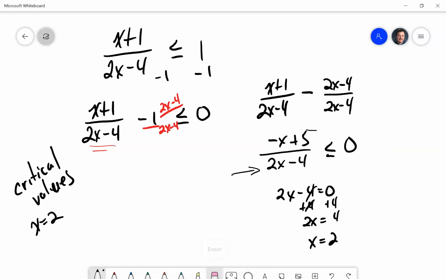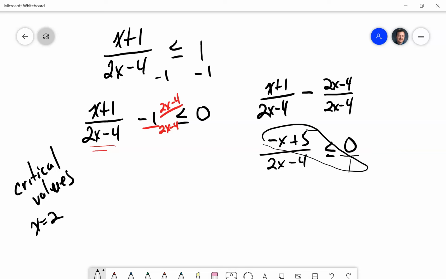Okay? Now, other part is we got to figure out what would make the whole thing equal to 0 as a whole. Now, if we solve this for what would make this equal to 0, then like before, we simply need to cross multiply as a proportion. So if I do this, I would have negative x plus 5 times 1, which is going to give me negative x plus 5.